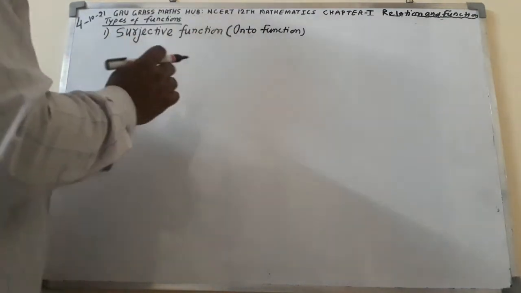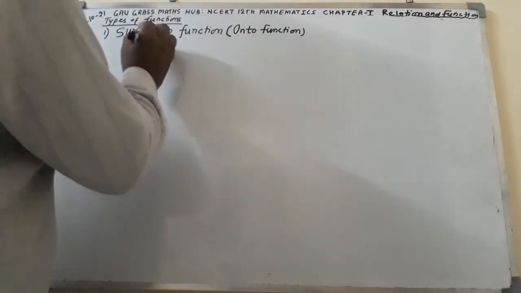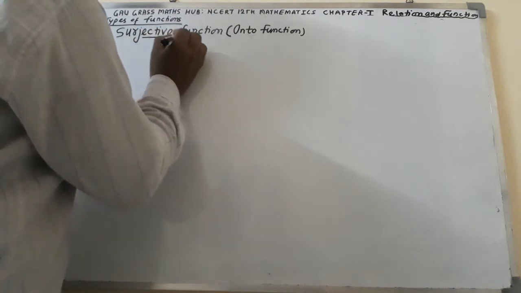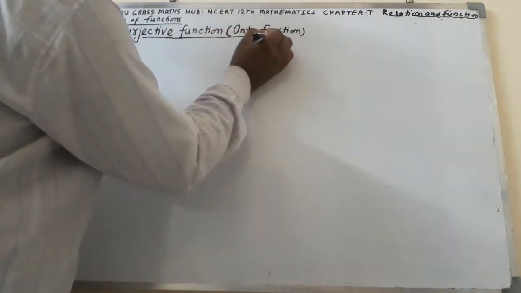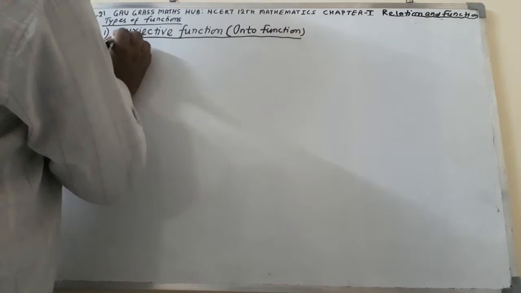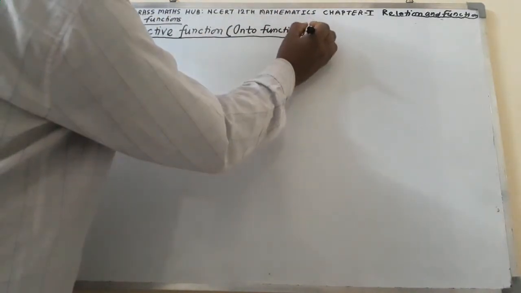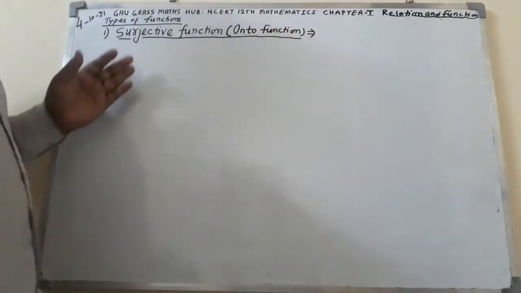What is an onto function or surjective function?